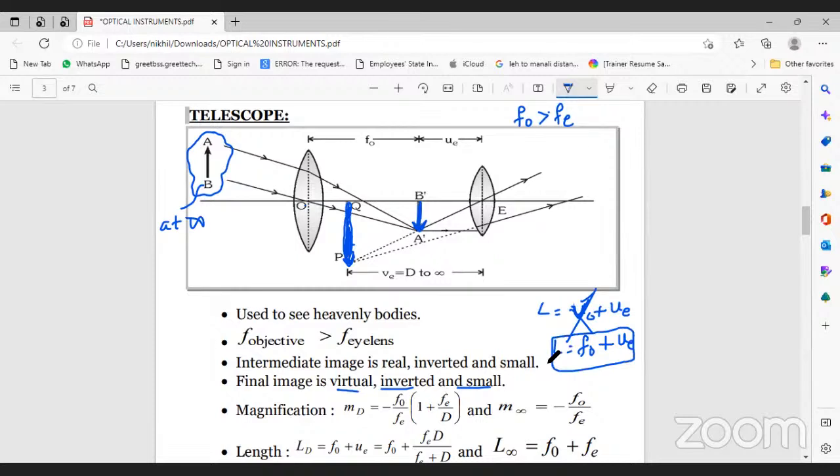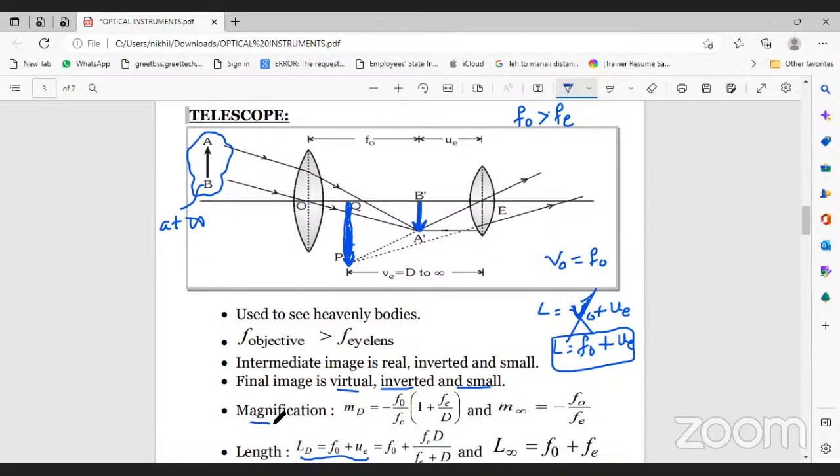Please remember, in the compound microscope, whatever V naught you are getting, you have to just replace that by F naught. So this is the formula for the length of the tube in the case of a telescope.